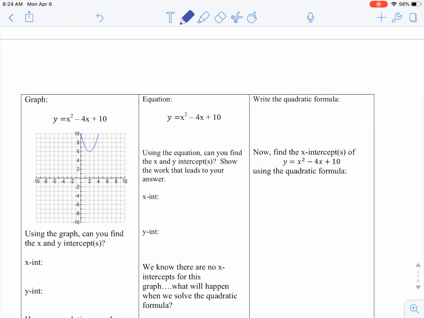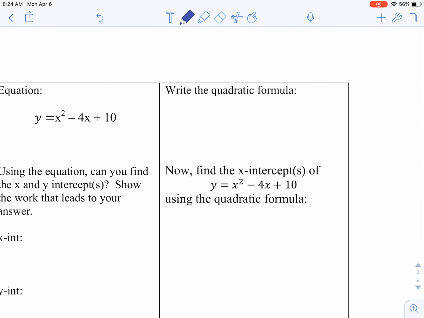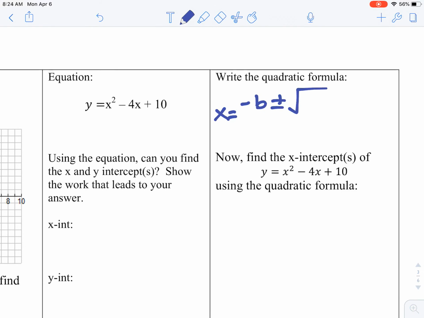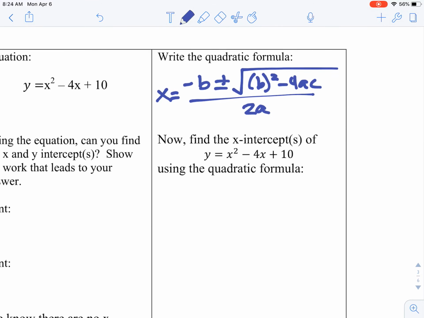All right, next example. We write the quadratic formula: x equals negative b plus or minus the square root of b squared minus 4ac, all over 2a. We'll identify a, b, and c.